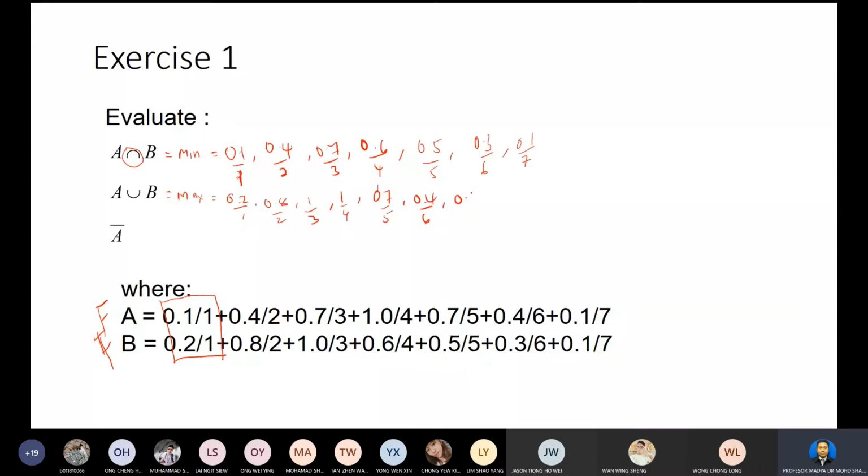Make sure you compare the same sequence. Some questions may put the add symbol here. This is just a symbol; you do not have to add. For example, a previous student made this mistake: after doing the comparison, the student added 0.1, 0.4, 0.7, 0.6 and so on to get a result.